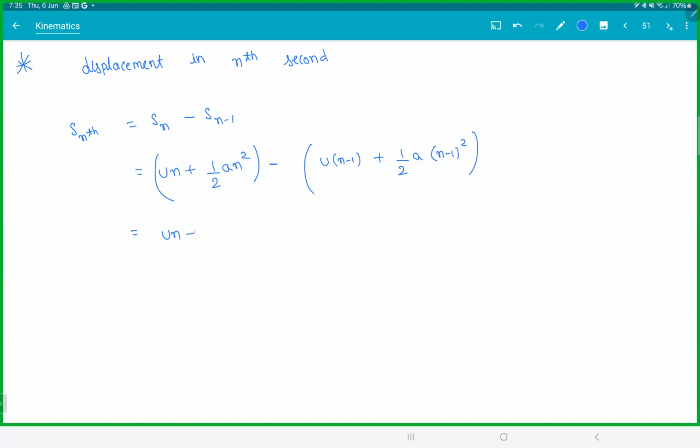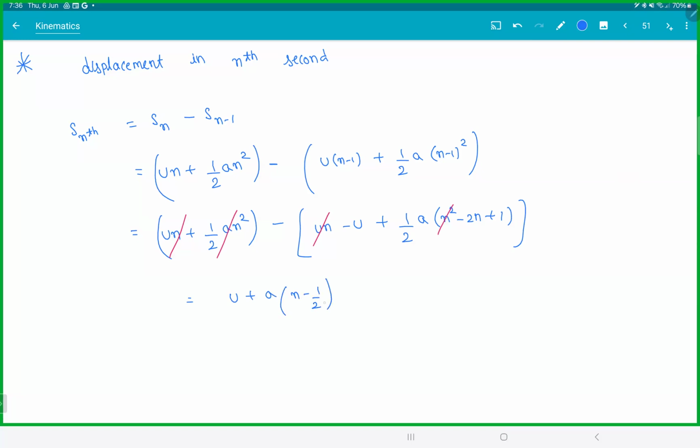Expand this. This will be un minus u. You will notice this guy will cancel. This guy will cancel. You'll be left out with u plus n minus half. That's your answer. This is the distance traveled in nth second.